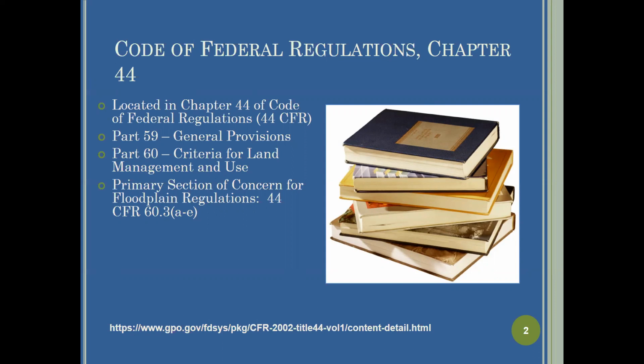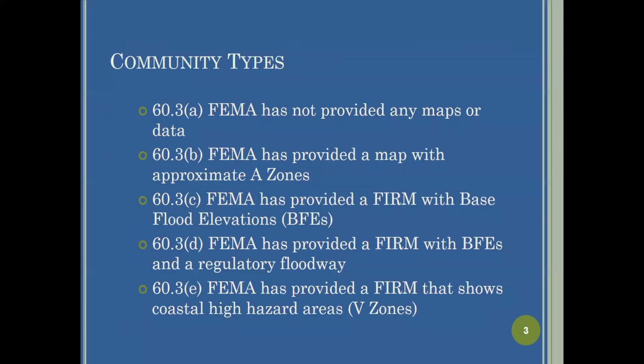This presentation will primarily focus on what's in part 60, and in particular 60.3. So the community types, and we'll go through what's in A, B, C later in the presentation.